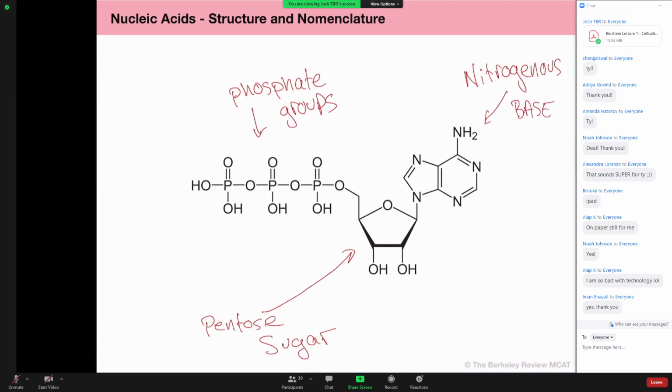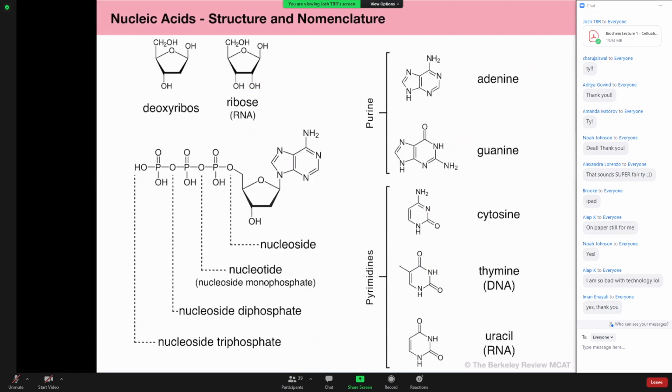Okay. And so these are the characteristics of a nucleotide. And if you wanted to take this further, you could even label the carbons of the sugar, right? Okay. And so what they'll test you on is the nuances between different nucleotides and nucleosides.